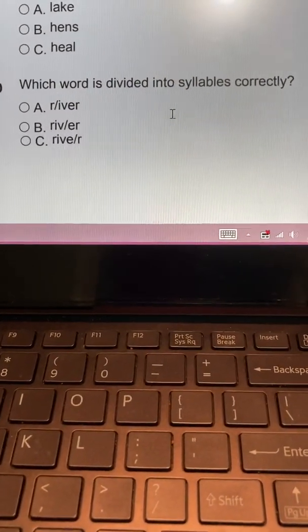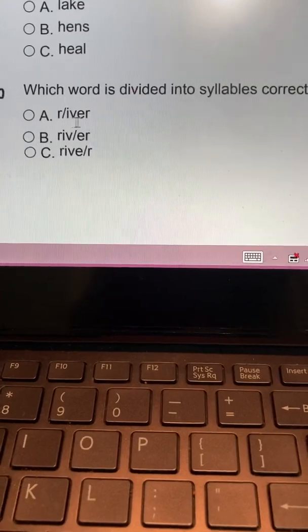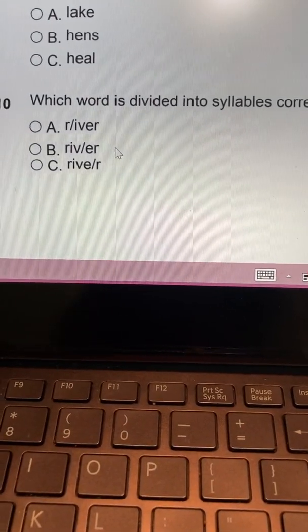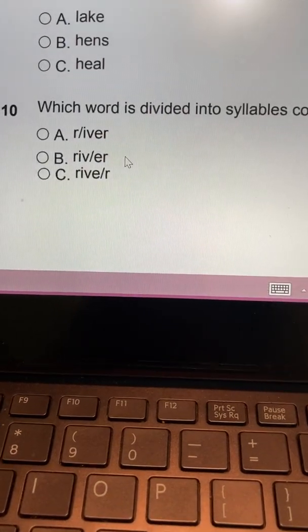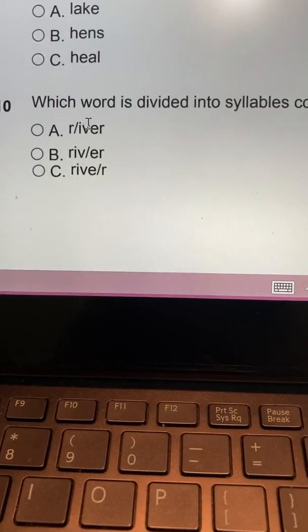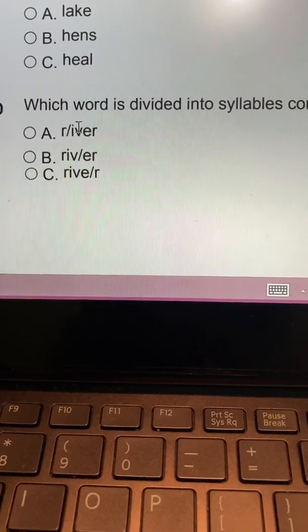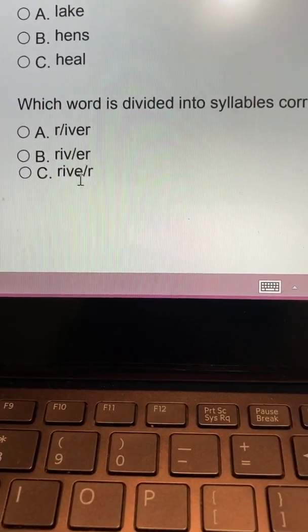This one's asking about syllables, so clap out your word, read your word, clap it out, and then figure out where you clap. What part of the word was broken up when you clapped? And you're going to make sure that when you clap, this little dash here, that's representing your clap.